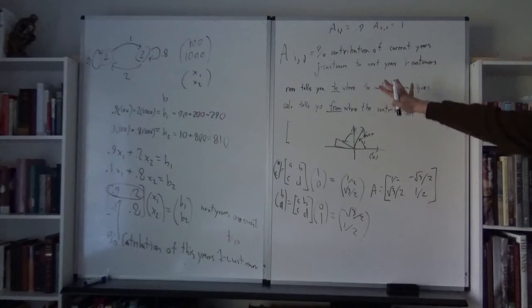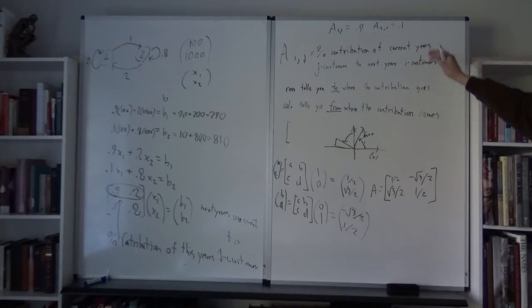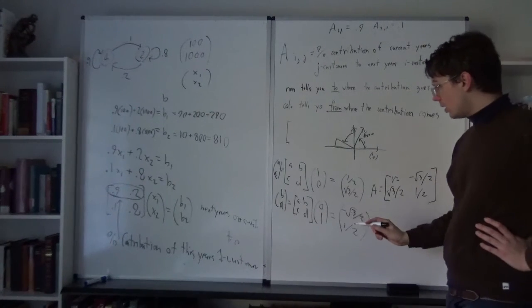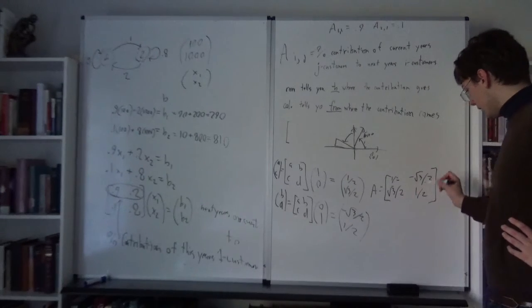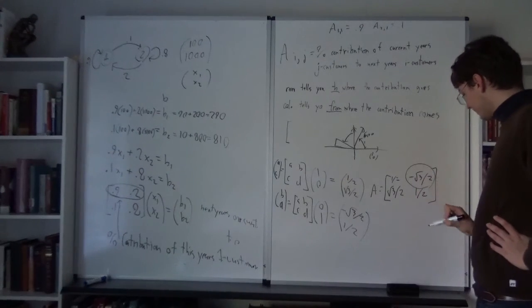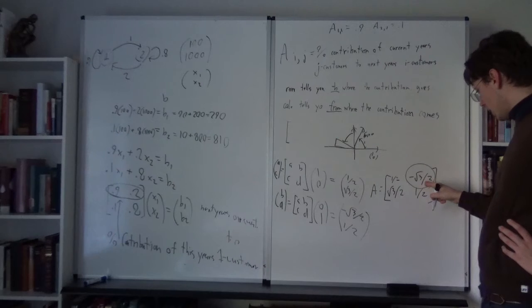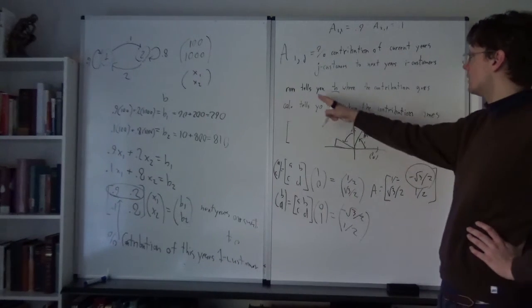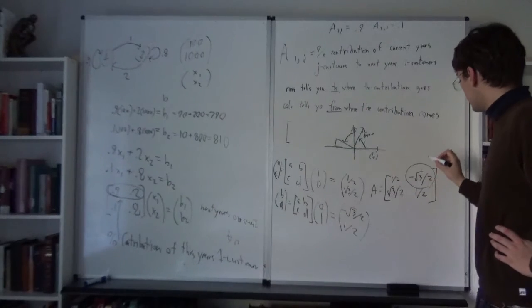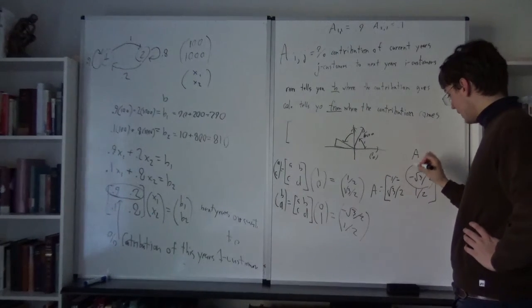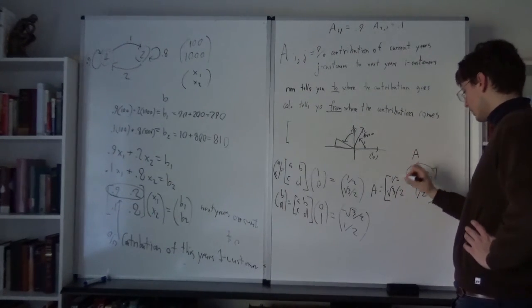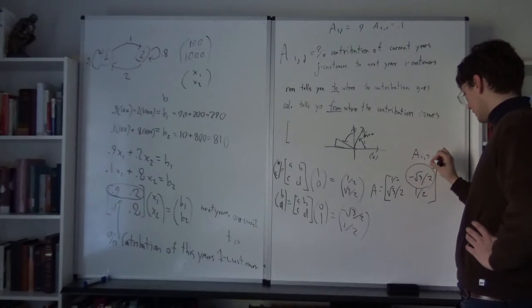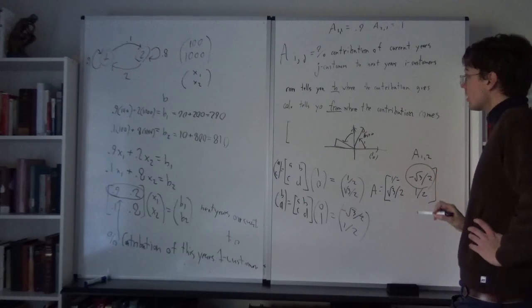Now, let's think about this in this context. If I have this matrix right here, what does this entry mean? This negative square root of 3 over 2 is in the first row, second column.